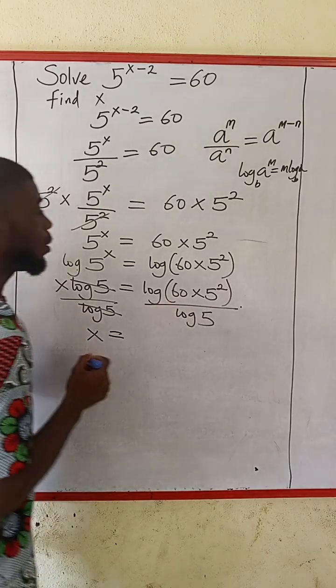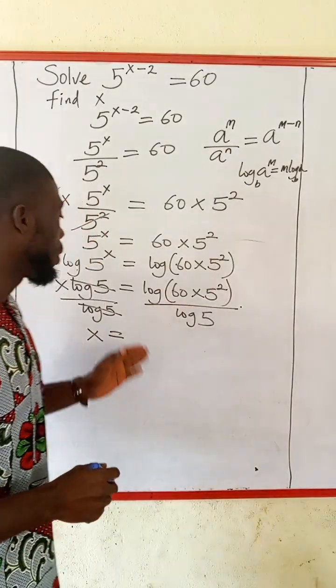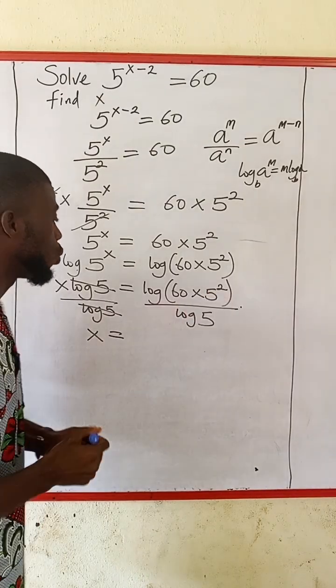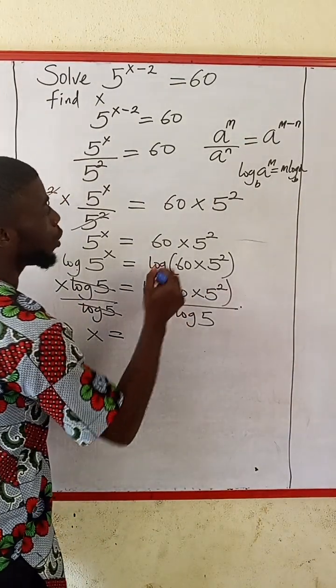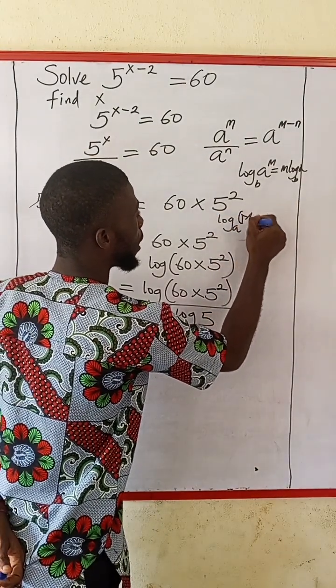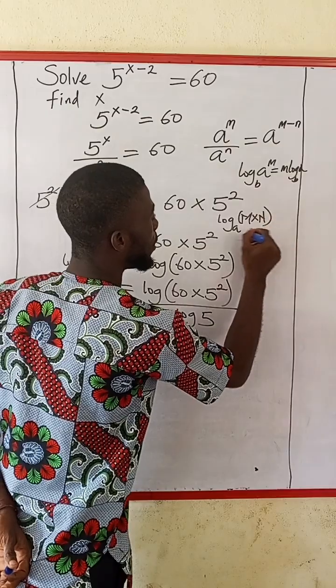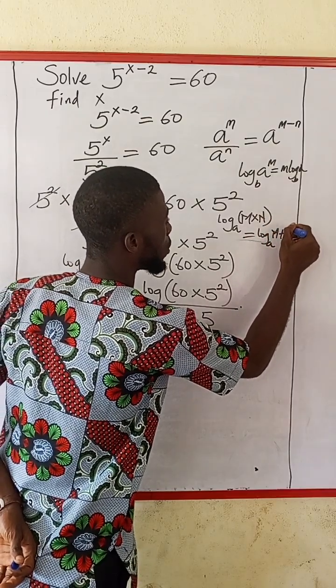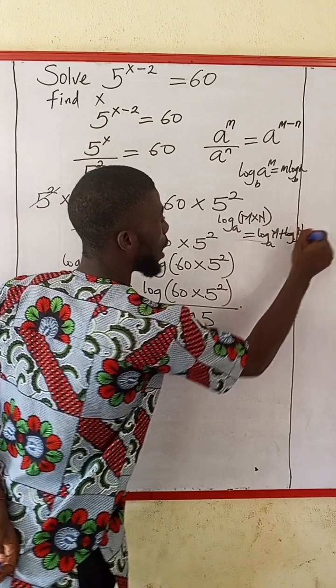Now also remember from the product rule, 60 times 5 raised to the power of 2, we can also write this. From the product rule, we say that if we have something like this, log base a of m times n, that this is the same as saying log base a of m plus log base a of n.